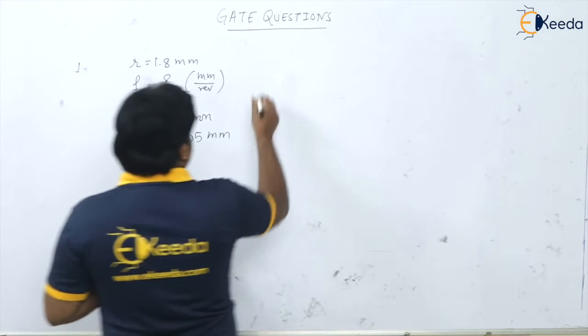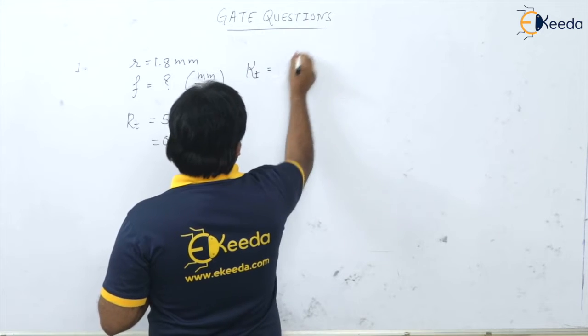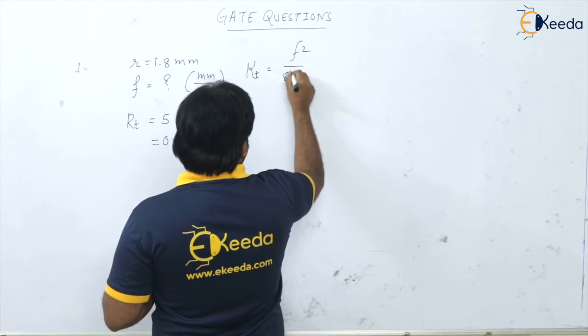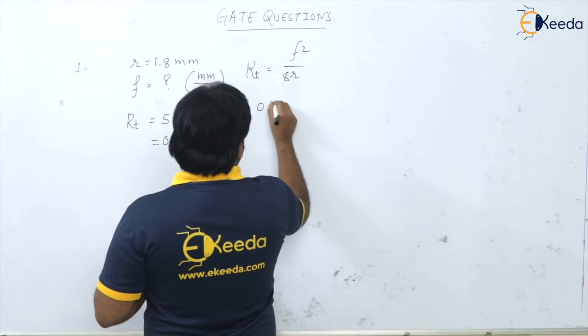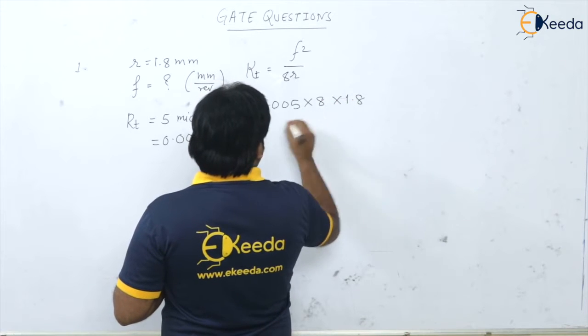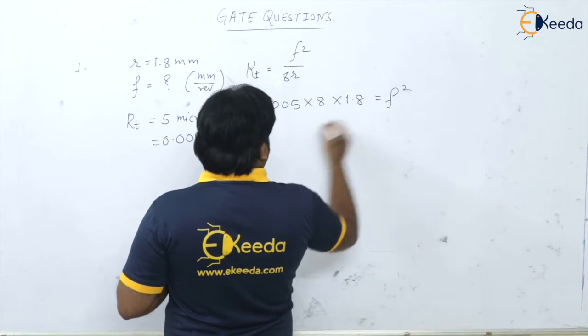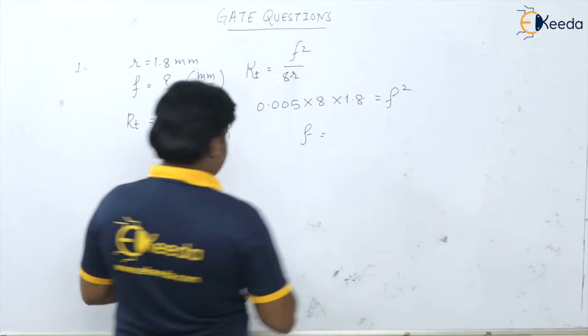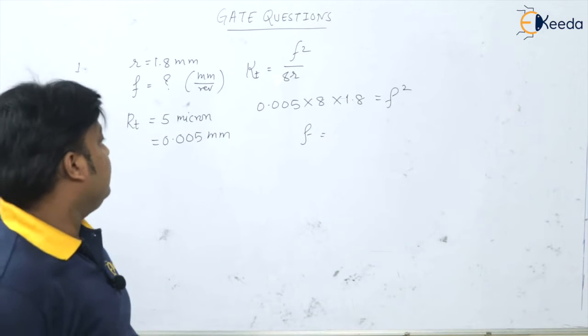We know that this Rt is equal to F square upon 8R. We have seen this relation. So 0.005 into 8 into radius 1.8 is equal to F square. So F is how much? Calculate. Very simple.